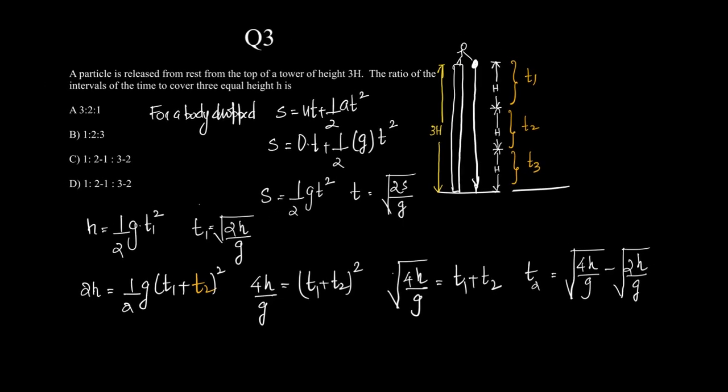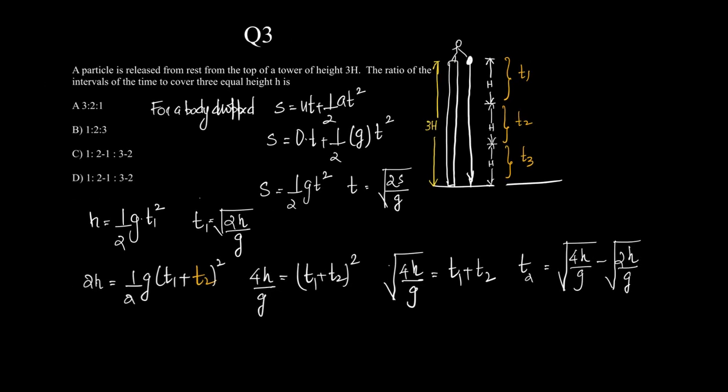Okay. If that is clear, let us move on to the third portion. Now, what is the complete third case? The third case is that the body has reached the ground. It has traveled the whole distance, which is equal to 3h, and the corresponding time interval is t1 plus t2 plus t3. In which case, 3h is written as half g into t1 plus t2 plus t3 the whole square.